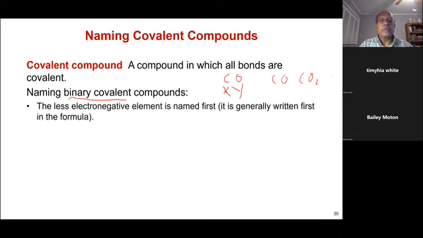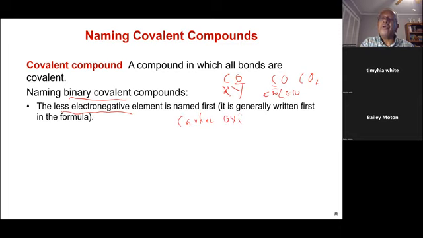Carbon has less electronegativity. We talked about the electronegativities in the previous class. You write down the less electronegative element, carbon. Then the second element is oxide.